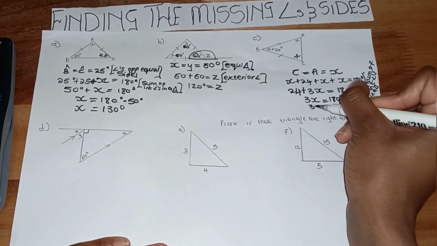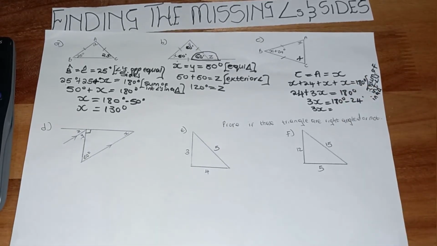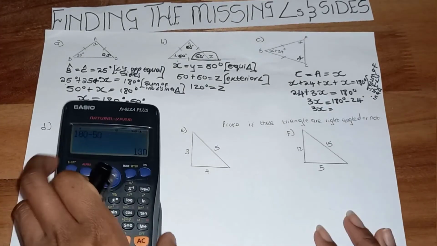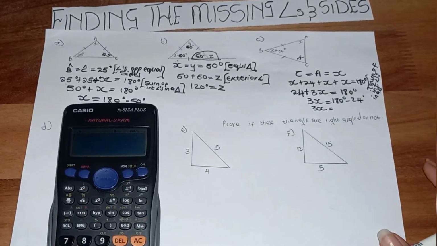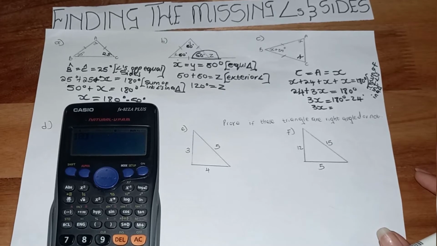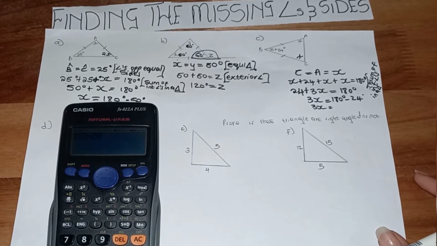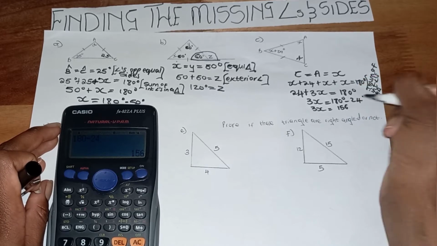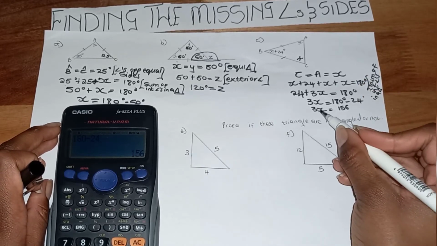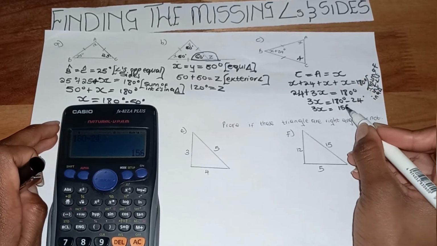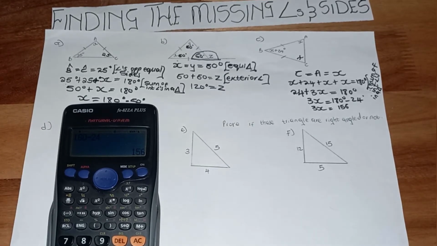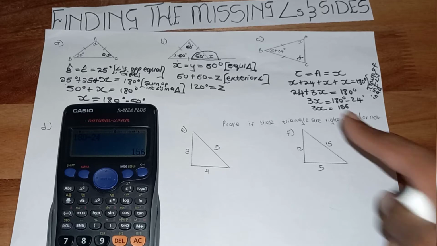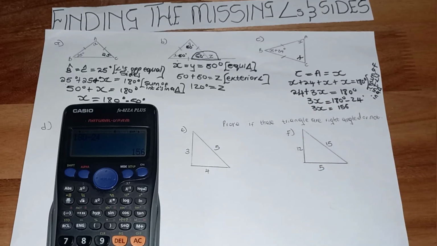Now we calculate 180 minus 24 is equal to 156 degrees. So 3x equals to 156 degrees.